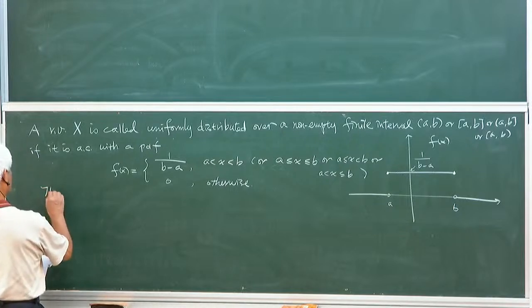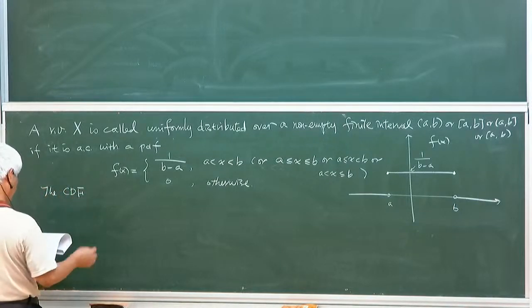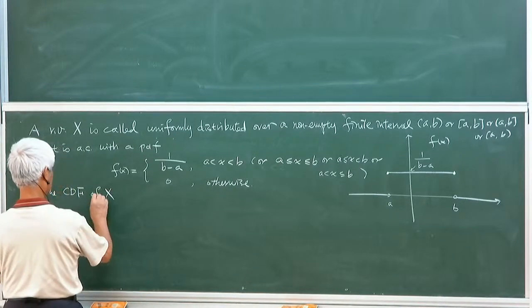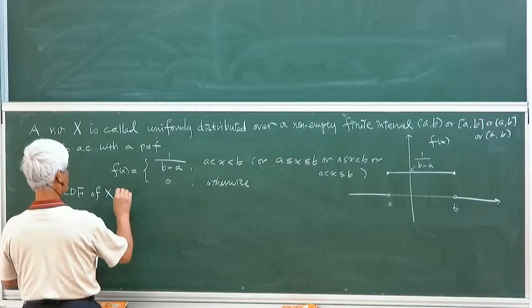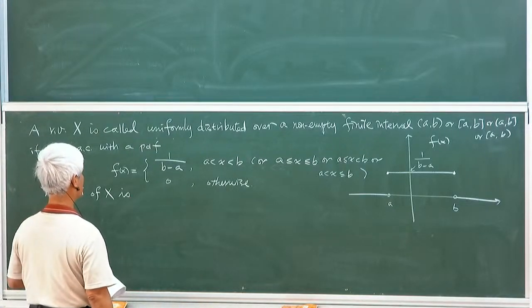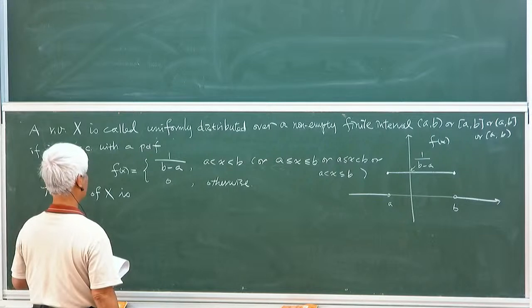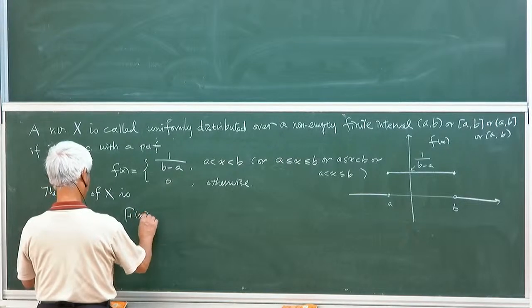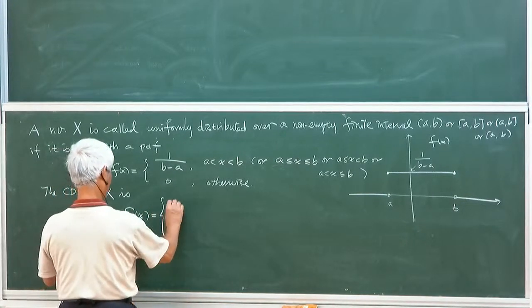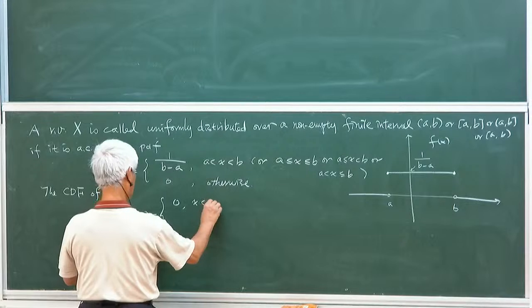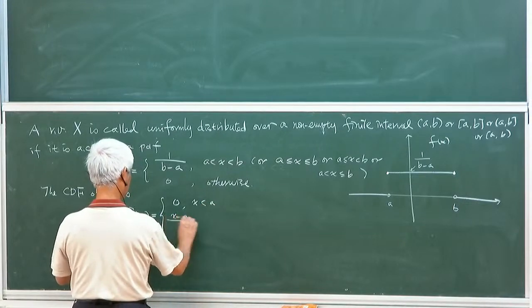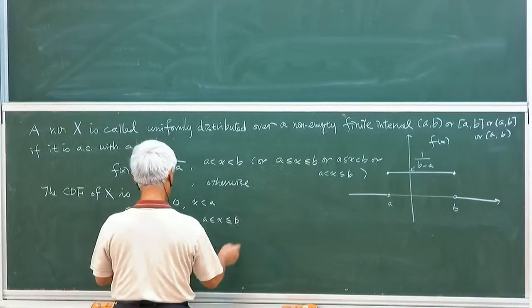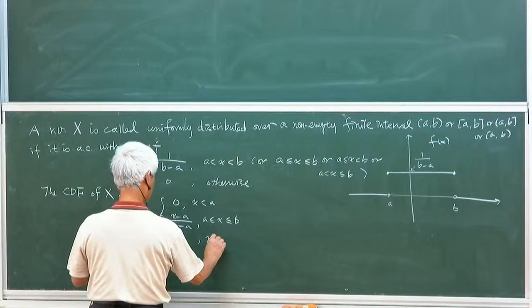Now the CDF of X is 0 if x is less than a, it's x minus a divided by b minus a for x in [a, b), and 1 for x greater than or equal to b.